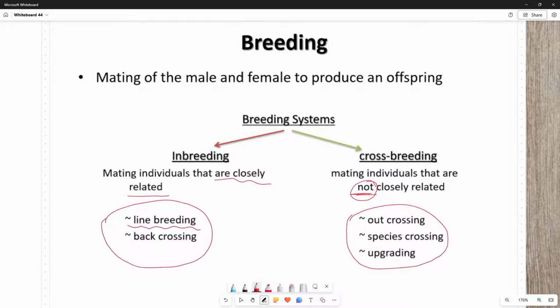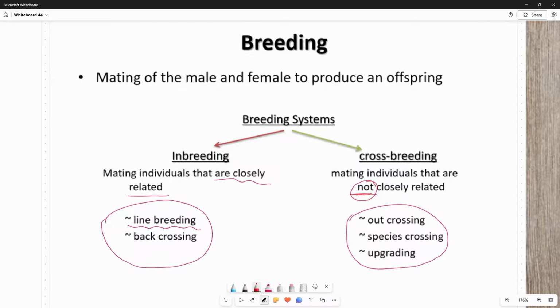Your line breeding. But if you talk of a daughter and the grandfather, or the son and the grandmother, remember here we're talking about animals. I know it's going to sound funny. In terms of animals, you can produce a male bull, a male calf, and then in 4 or 5 years' time, that male bull can breed with its mother. So it's not fun in terms of the animals.